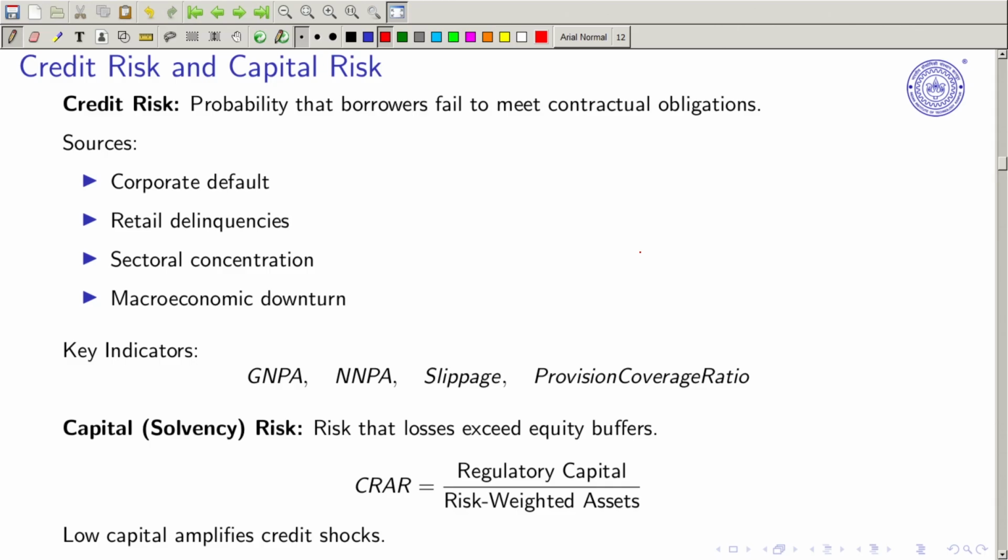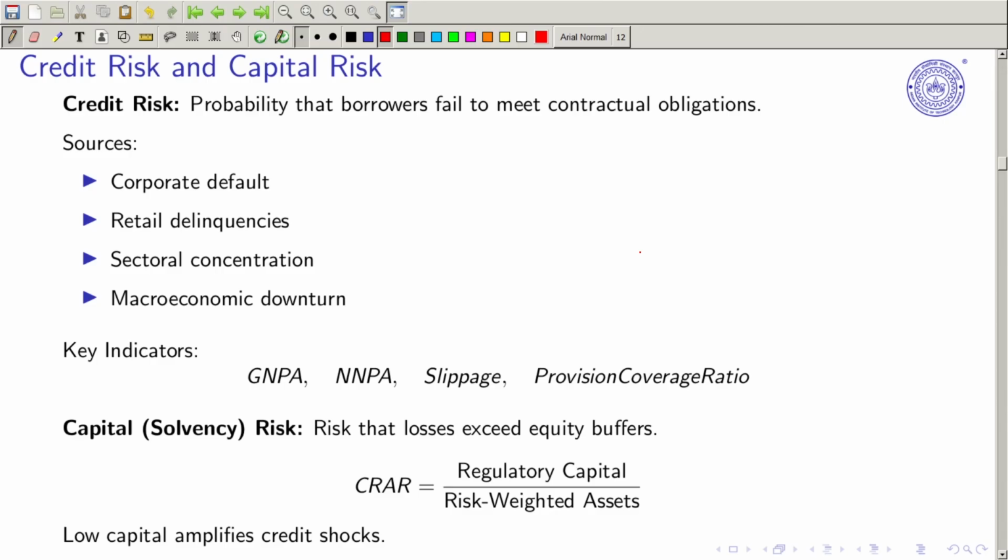So if I have to calculate credit default risk, how and in what way can we say it? It means the probability that borrowers fail to meet contractual obligations, if they are not paying on time, right? It could be corporate default, retail delinquencies where they are not able to repay, or sectoral concentration: if a particular bank is giving loans to only a particular sector, then if that sector is not doing well, it will create a lot of trouble.